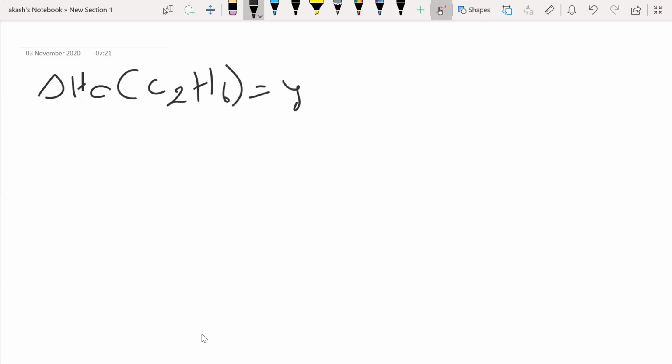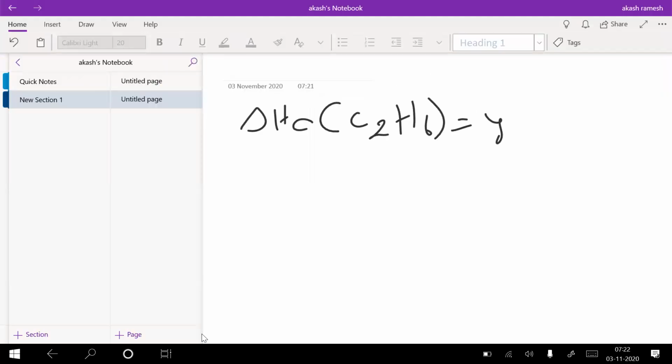Now I'm going to ask someone to give me the equation for this. Bavadarni, are you there? Yes, sir. Can you tell me how to write the equation for this? C2H6 plus O2 gives CO2 plus H2O. Okay, I'll write what you said.